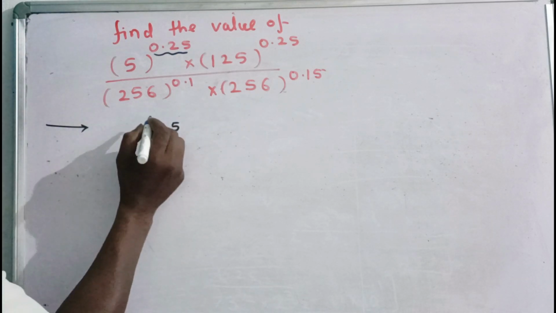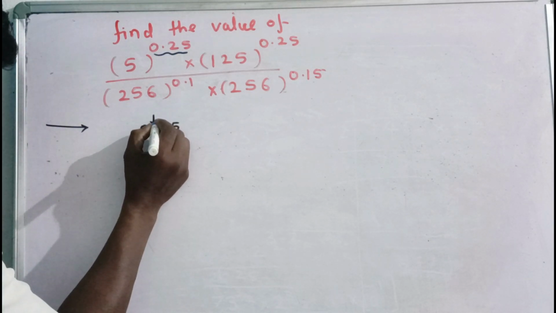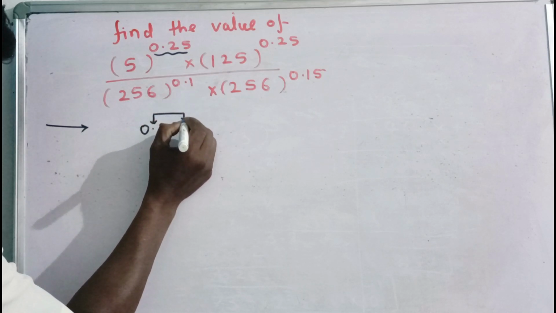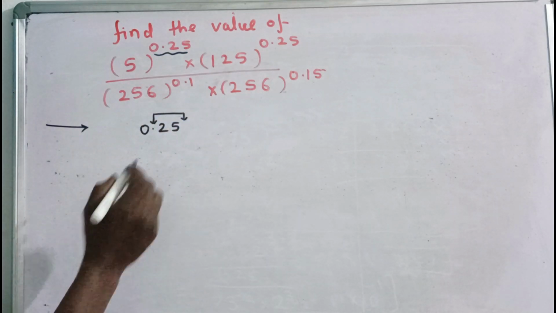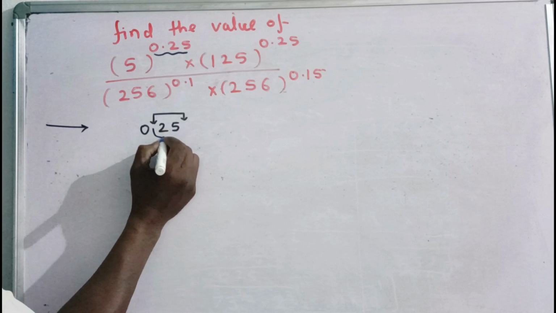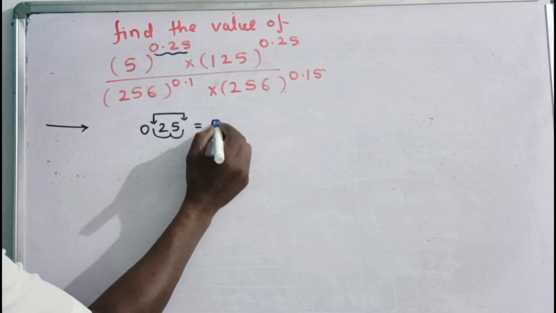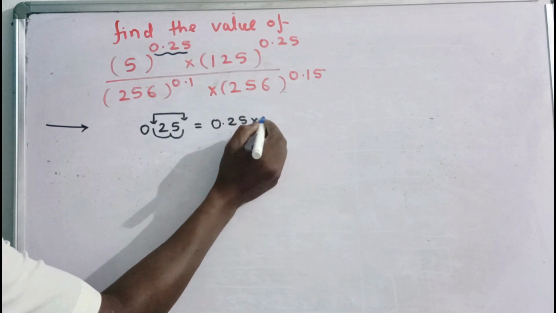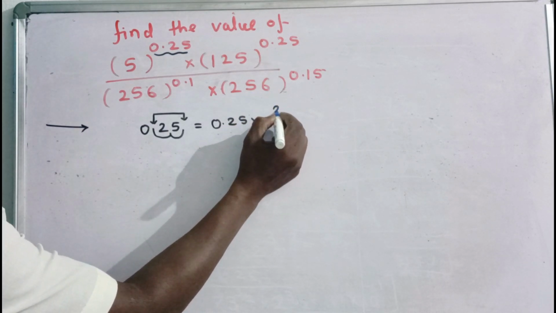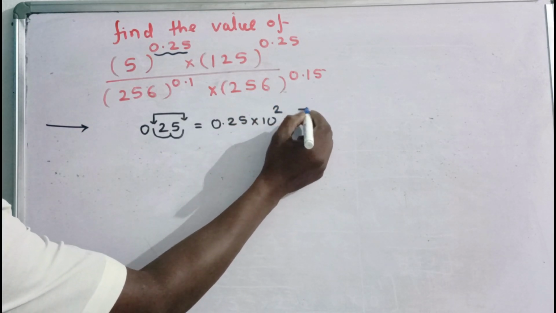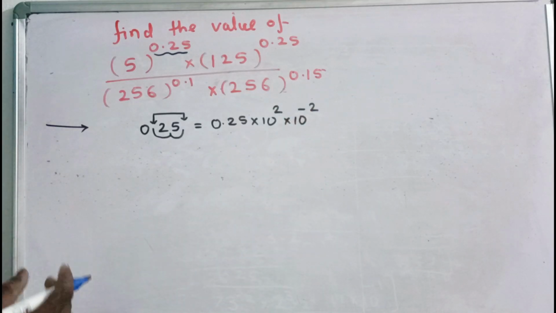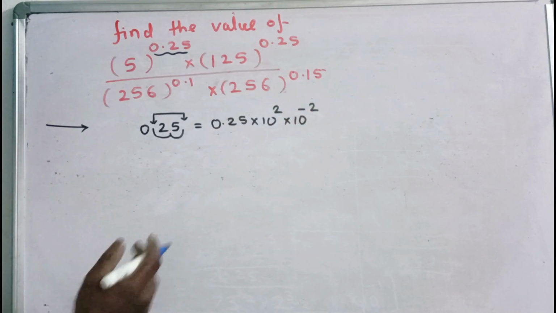Here 0.25, first of all we want to shift the point. After how many digits? After 2 digits, so 0.25 into 10 to the power 2 into 10 to the power minus 2. Why are we doing this?